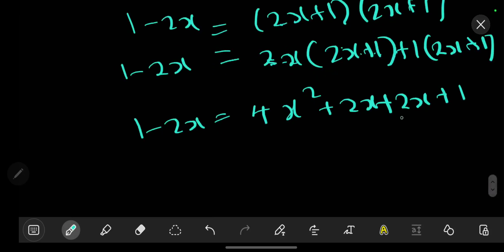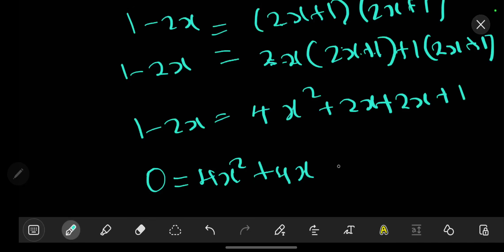Let's collect the like terms. So we have 1 minus 2x should be equal to, let's take the 1 and the x to the other side, so that here we remain with 0, should be equal to 4x squared plus 2x plus 2x is 4x, then plus 1, plus 2x plus 1.